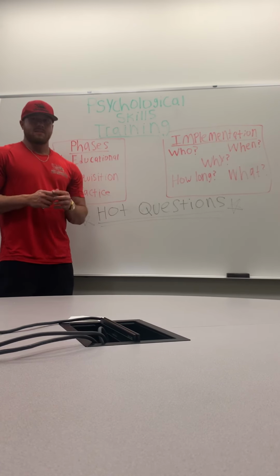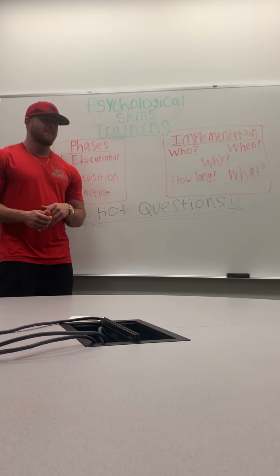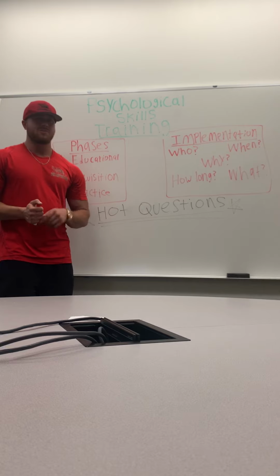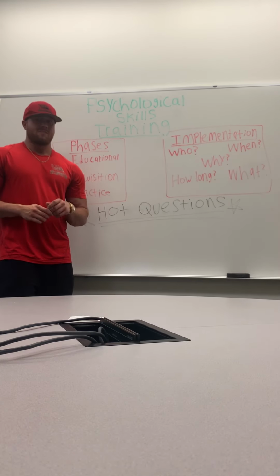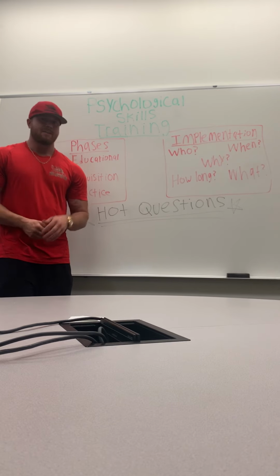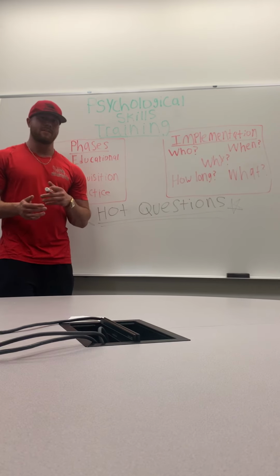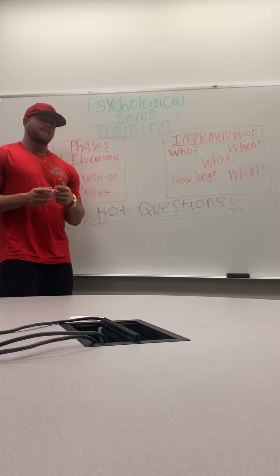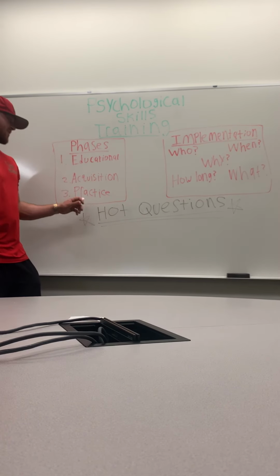Building skills means developing different strategies that might help them focus, different mental cues, implementation of imagery, or different communication techniques that they might be lacking, and really getting a grip on the strategy so you can move forward into the 3rd phase, which is the practice phase.